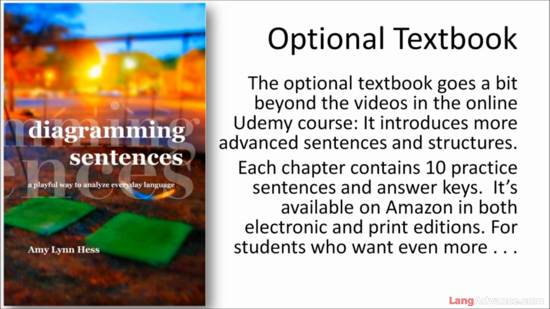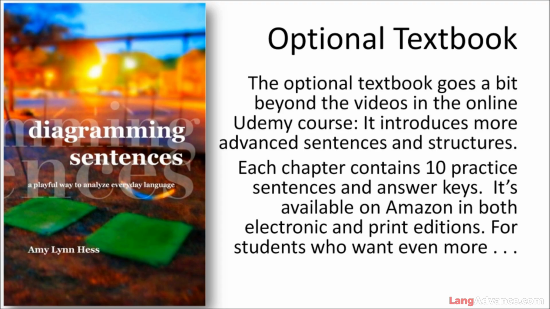So the optional textbook goes a bit beyond the videos in the online Udemy course. It introduces more advanced sentences and advanced sentence structures. Each chapter contains 10 practice sentences and the answer keys for those 10 sentences.